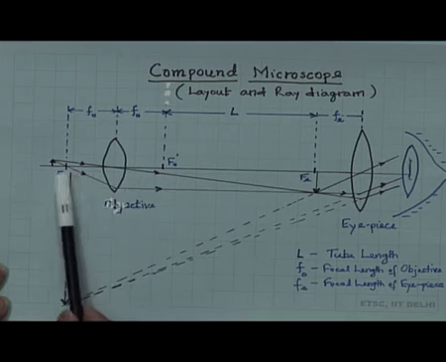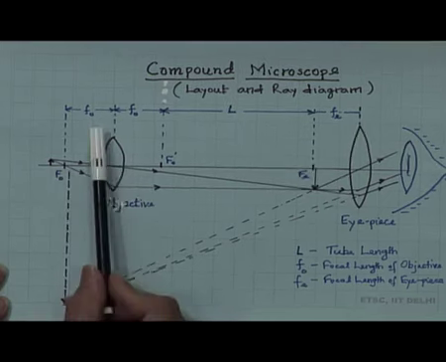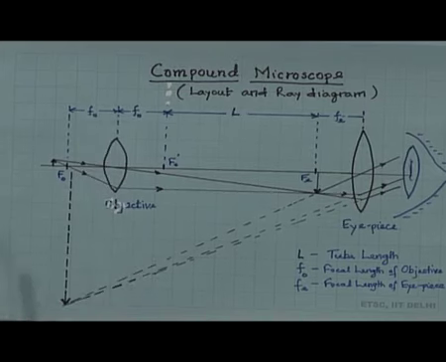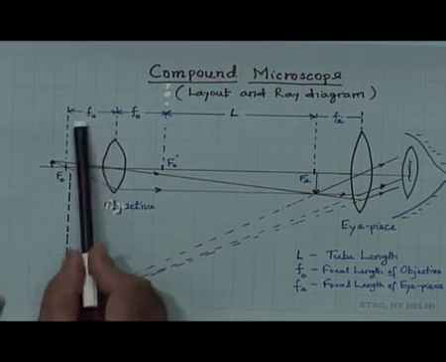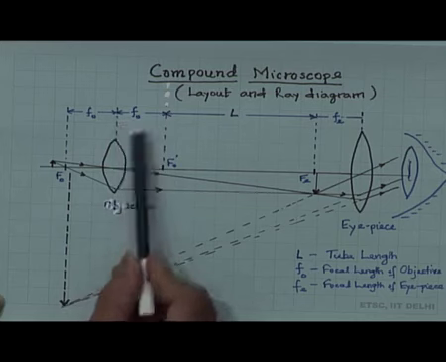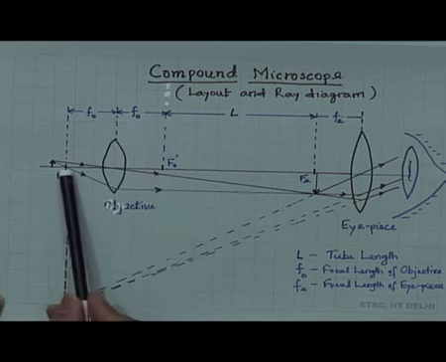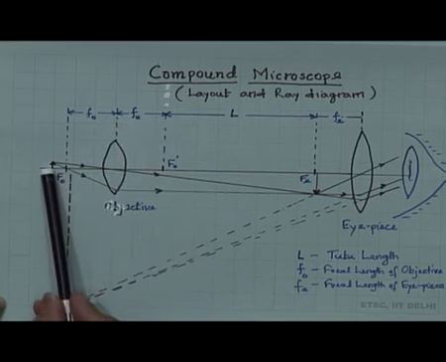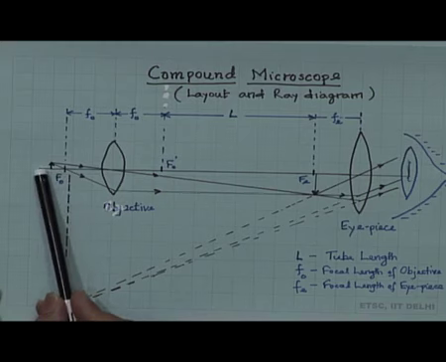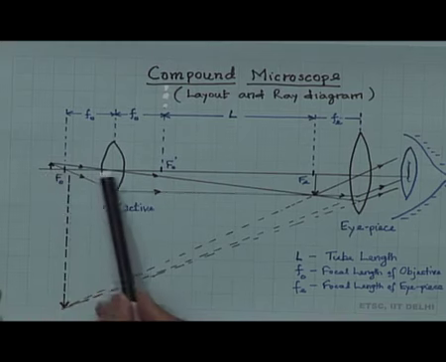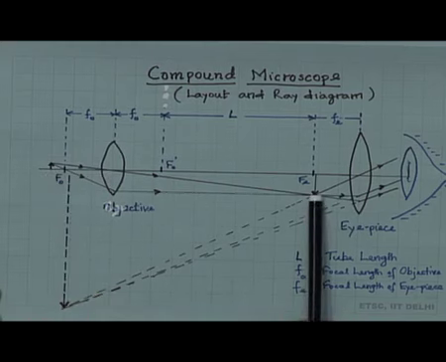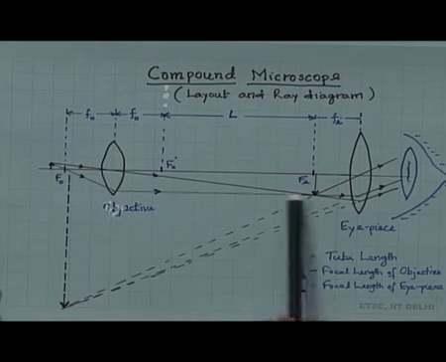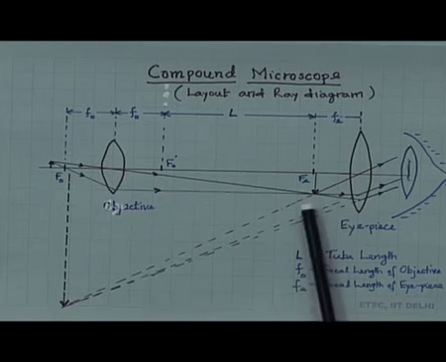Fo is the focus of this objective, and the small fo here is the focal length of this lens. The object is placed a little bit away from the focal length, and we know that this forms an image here. Using the lens equation, you can find out the position of the image.